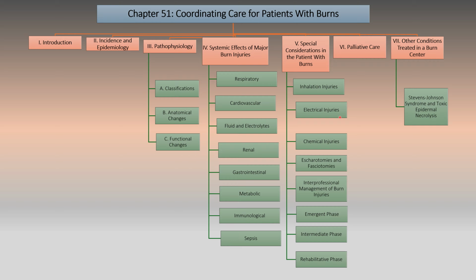Myoglobinuria: muscle damage releases myoglobin, which risks acute tubular necrosis. Renal goal: urine output must be maintained at 1 ml per kilogram per hour until the urine clears of myoglobin.